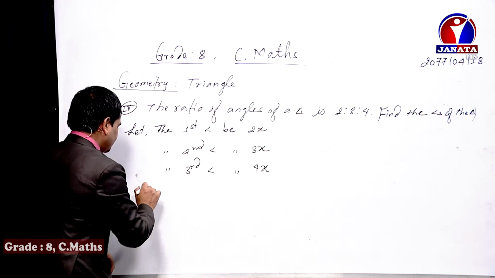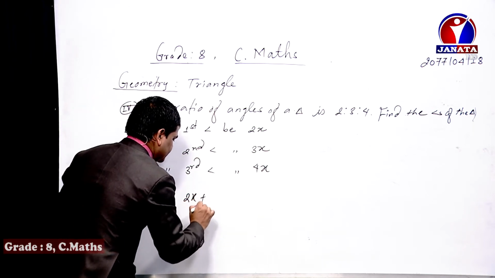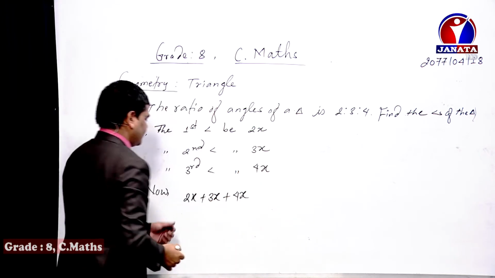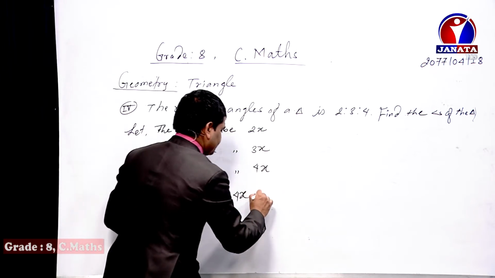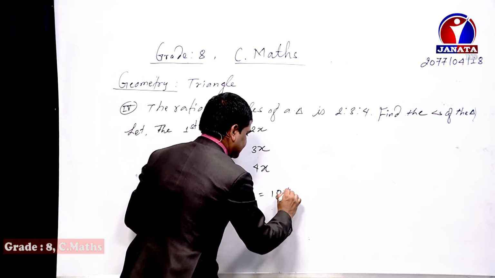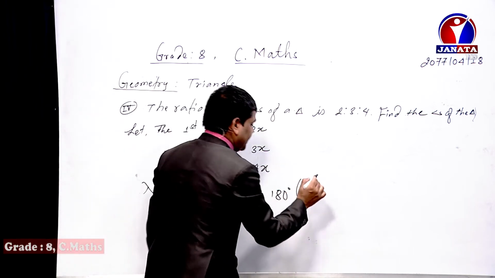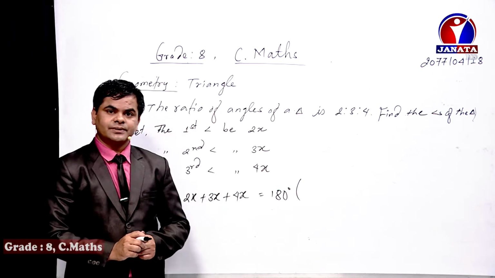Now what we have to do? Now we can do, dear student, 2x plus 3x plus 4x. It means the sum of angles of a triangle should be made 180 degrees, isn't it? And what to write as the reason? Being sum of angles of a triangle. We need to clarify the reason, dear student.